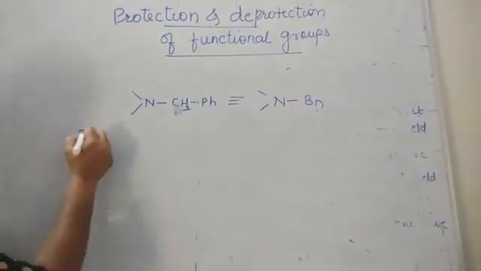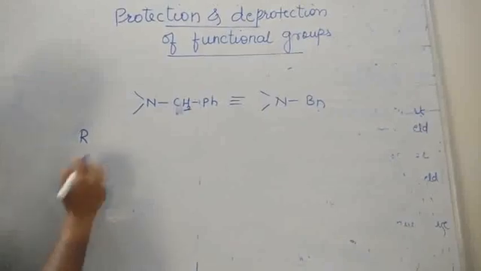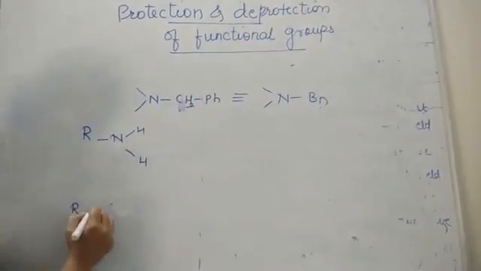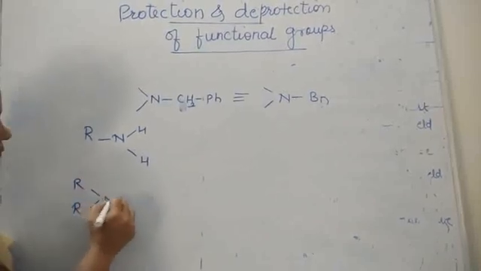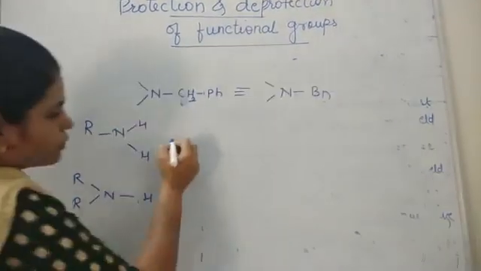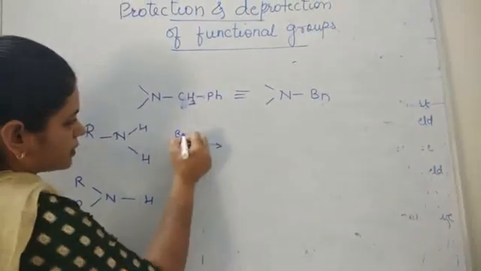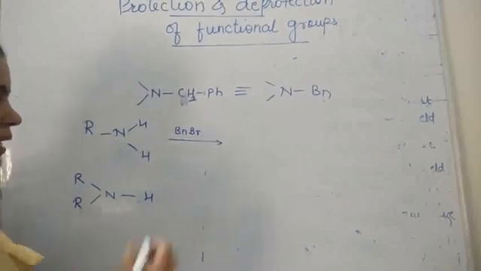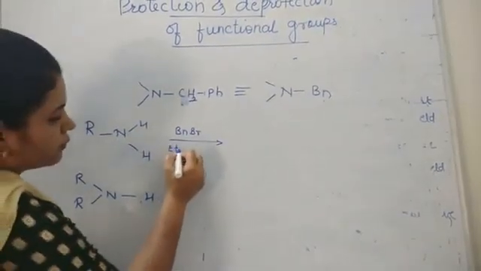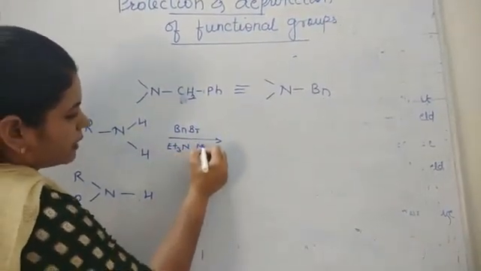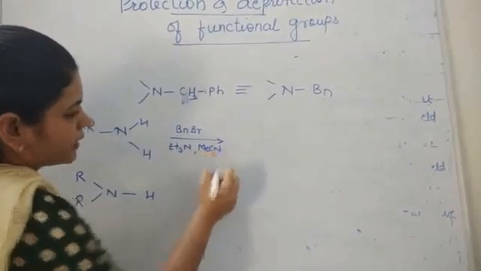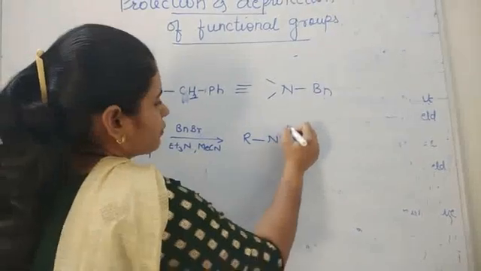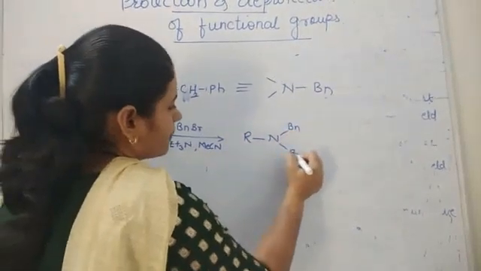Suppose we consider here a primary amine or a secondary amine, which may undergo such a reaction. Here I am using BnBr, that means benzyl bromide, in presence of a tertiary amine and methyl cyanide to give this type of product.